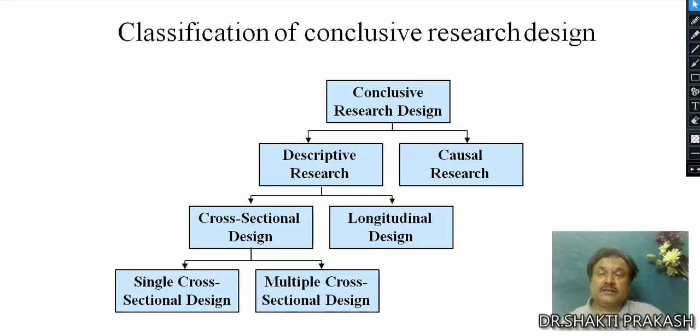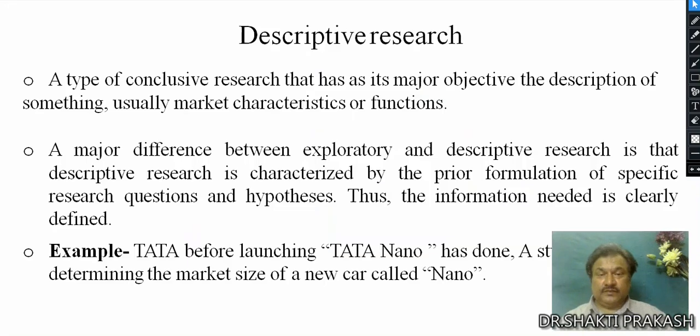Now let us start the classification of conclusive research design. Conclusive research design is divided into descriptive research and causal research, and into cross-sectional design and longitudinal design, with single cross-sectional design and multiple cross-sectional design. What is descriptive research?